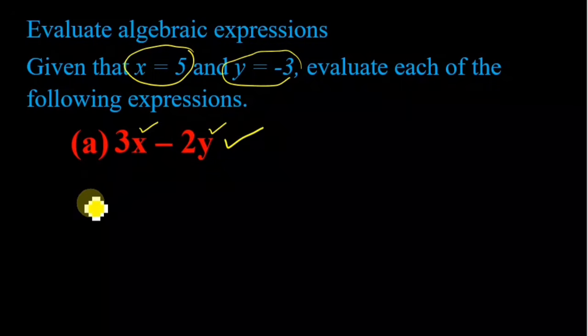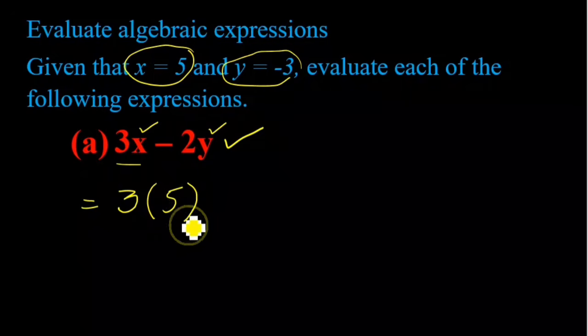Then after solving this we will get the value of the expression. Keep one thing in mind: we just replace the values of the variables, and there is no multiplication sign in algebra, we always use brackets instead of the sign of multiplication.